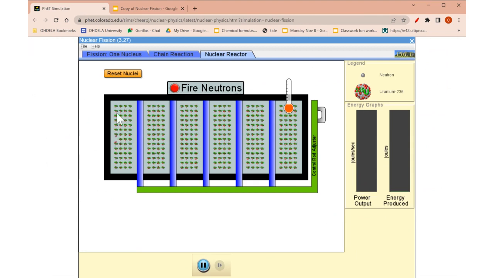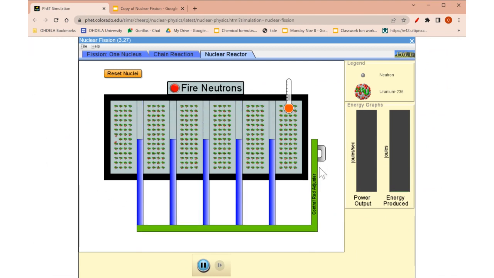Now, of course, it may get this going on this side, but because it can't react with these other ones, then we don't get much of a chain reaction. So we're going to let this go about halfway, fire a neutron, start one off. Down here, try again, closer to the top maybe.